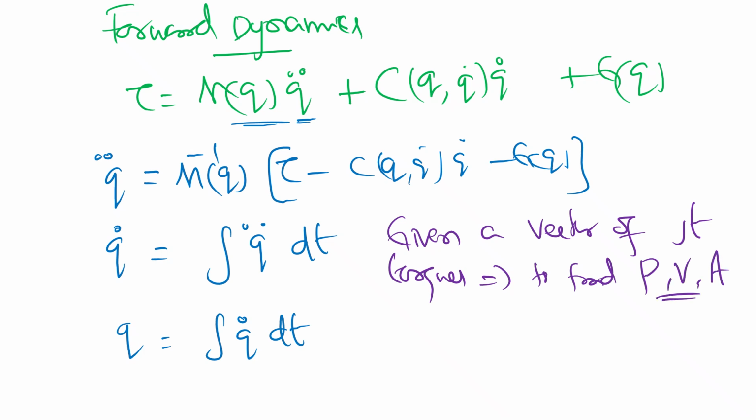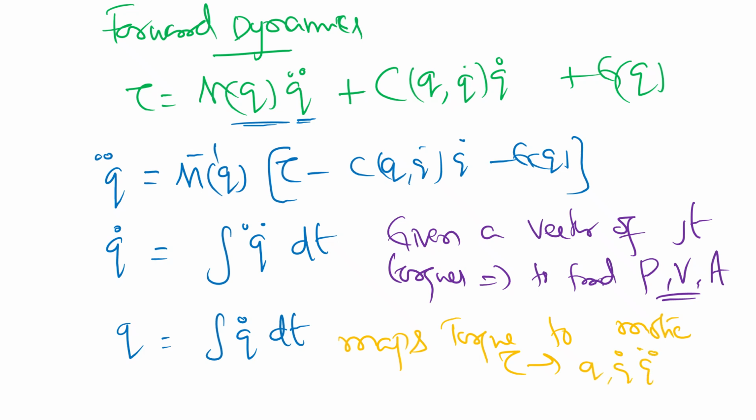So forward dynamics maps torque to motion, that is, tau to q, q dot, and q double dot.